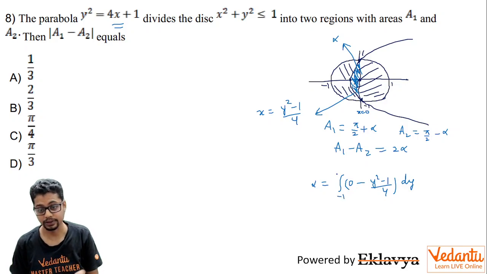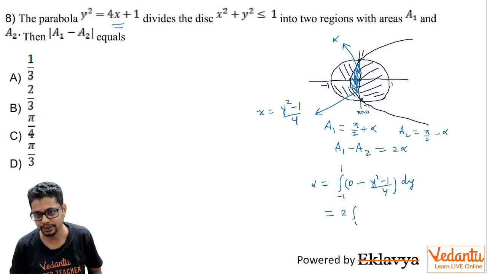I am taking horizontal strips. Since y squared is coming, using the property of definite integration, it is essentially 2 times the integral from 0 to 1 of minus times y squared minus 1 by 4 dy.